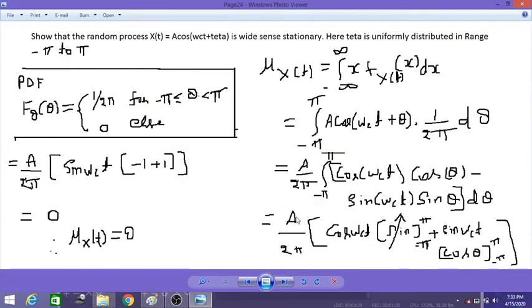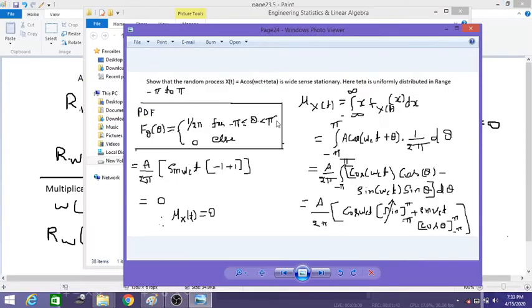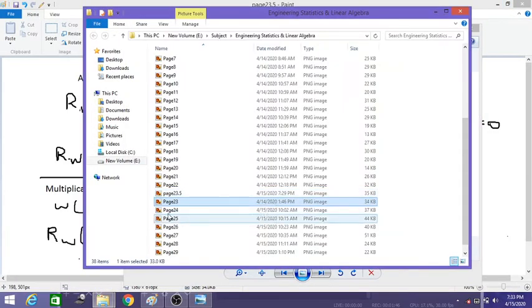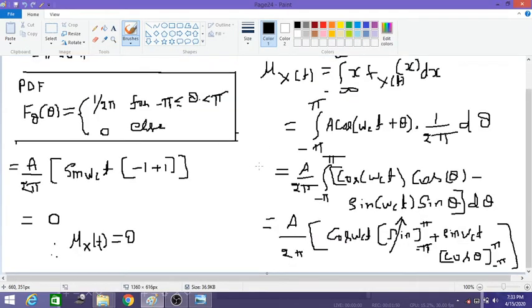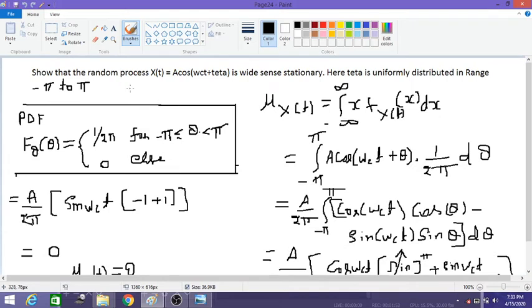Let me take page number 24 here. So here is an example.